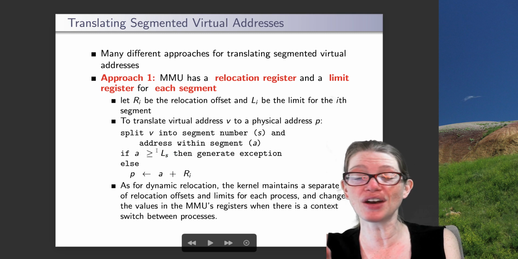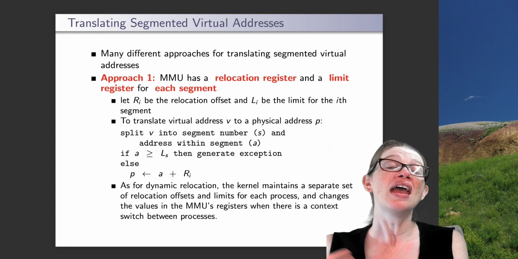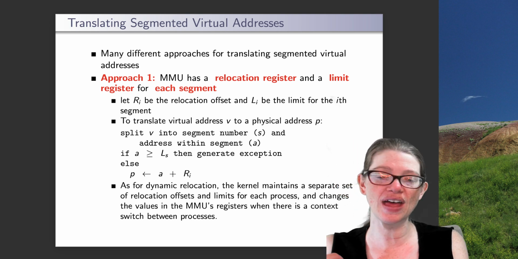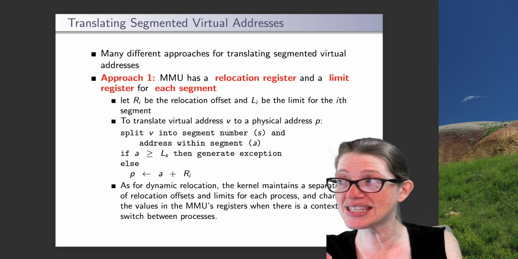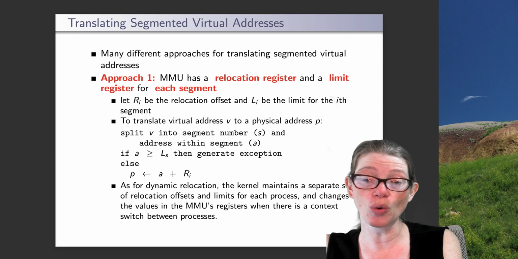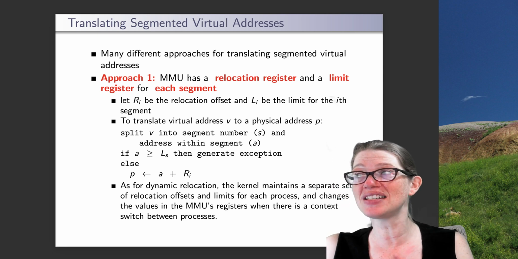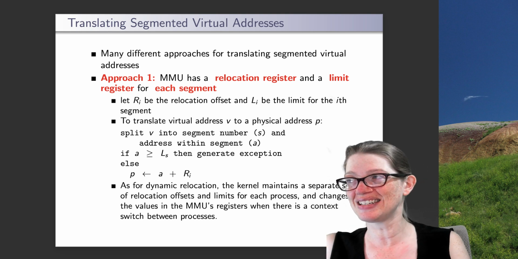And if it's greater than or equal to the limit, we throw an exception because it's an invalid address. If, however, it is a valid address, that is, A is less than the limit for that segment, then we are simply going to add A, which is the address within the segment, to the relocation for that segment, and we're done. So it's pretty much the same math as dynamic relocation, but now we just need to identify which region it is. You're done.